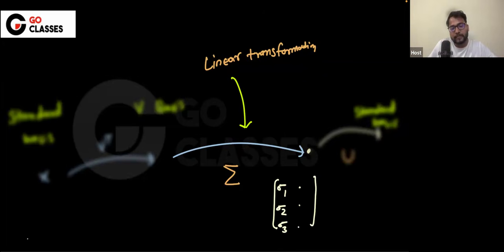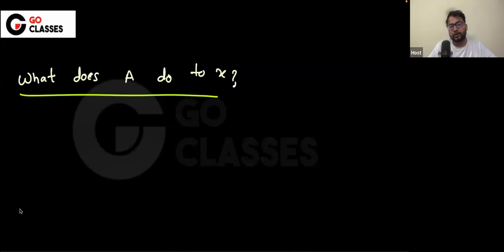So basically, what does A do to x? This is the question that you want to answer today geometrically. Effectively, it is multiplying by sigma 1, sigma 2, sigma 3.